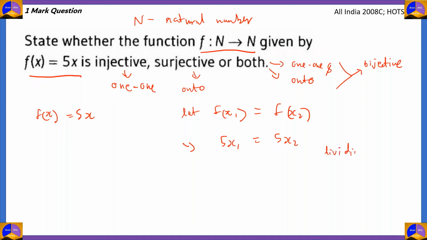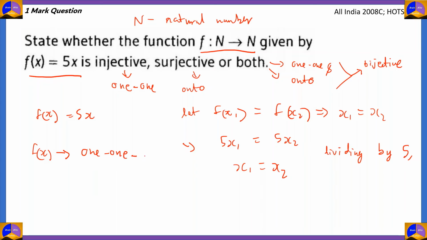So on dividing by 5, we'll get x1 is equal to x2. So when f of x1 is equal to f of x2, it implies that x1 is equal to x2. The function f of x is 1-1. So that means f of x is injective.